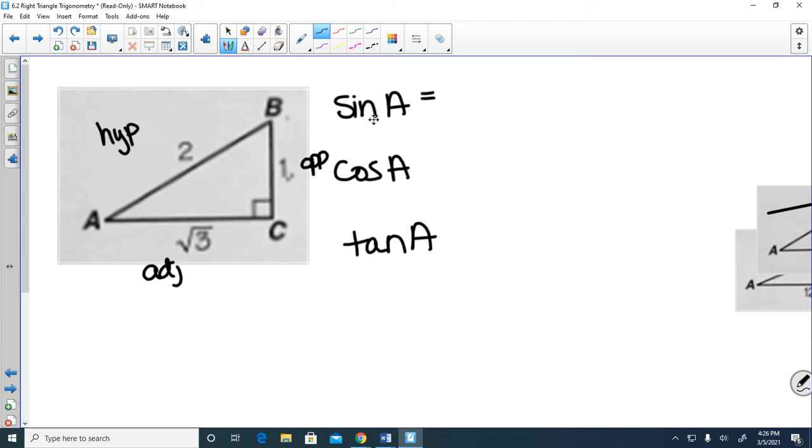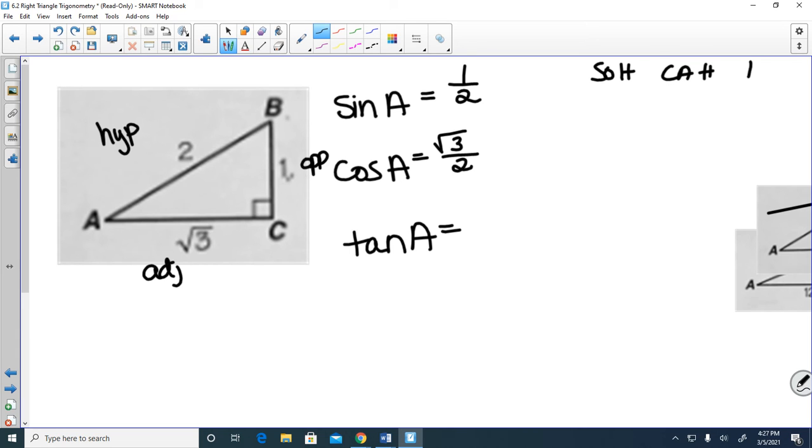So the sine of A, that's the SOH part, opposite over hypotenuse. Sine of A is opposite 1 over hypotenuse 2, so 1 over 2. Cosine, adjacent over hypotenuse, square root of 3 over 2. Tangent, opposite over adjacent, that's the TOA part.